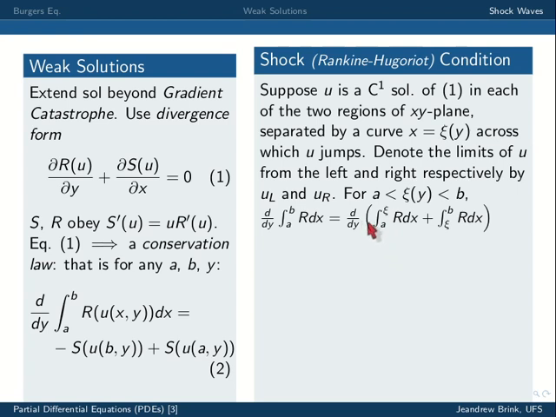So it's going to be the integral from A to c, because we know what that is, it's smoothly propagated from our initial conditions there, plus the integral from c to B. And we want to take d dy of this thing.